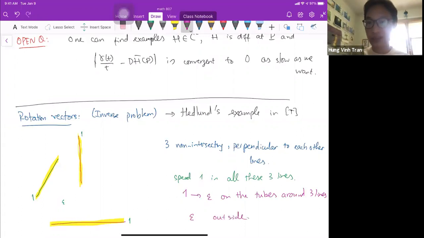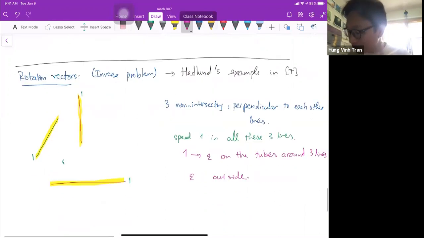You can think of it as a traveling problem, a front propagation problem, on this three-dimensional space. If you are outside of the tubes, you go with very slow speed, just epsilon. So the best way is to hop on those freeways. Those are the geodesics, and they correspond to the lines in the Mather set or the Aubry set. The geodesics are the ones that you travel really fast.